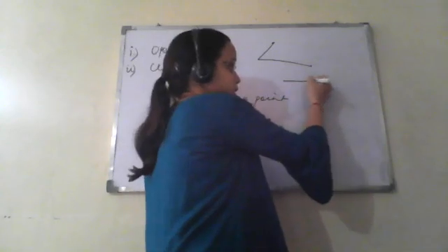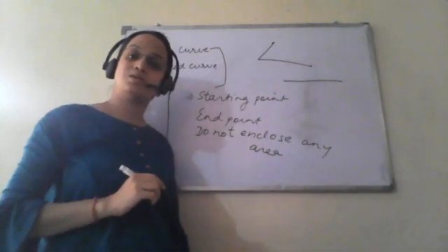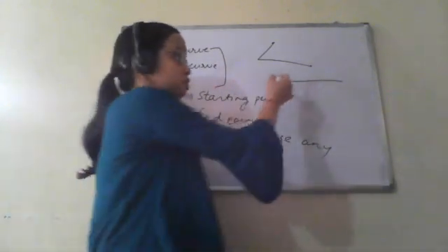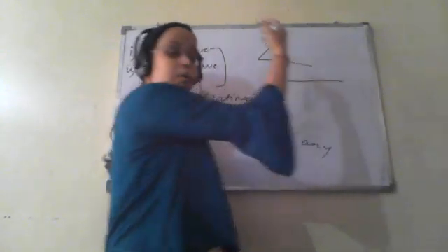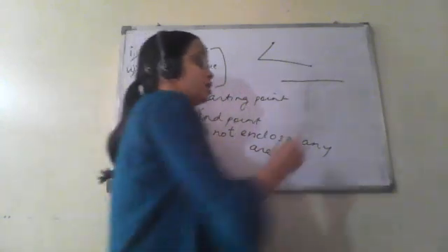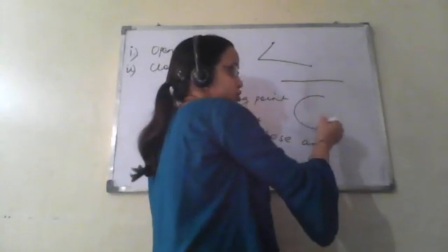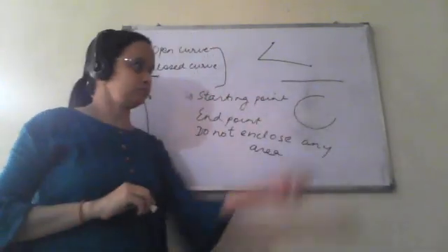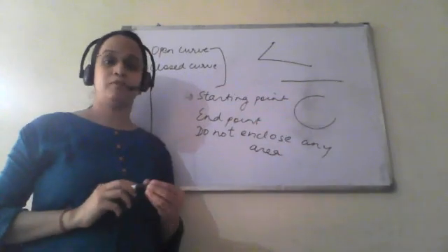A line is also an example of an open curve, with two points, starting and end, and it does not enclose any area. A shape like this is again an example of an open curve.